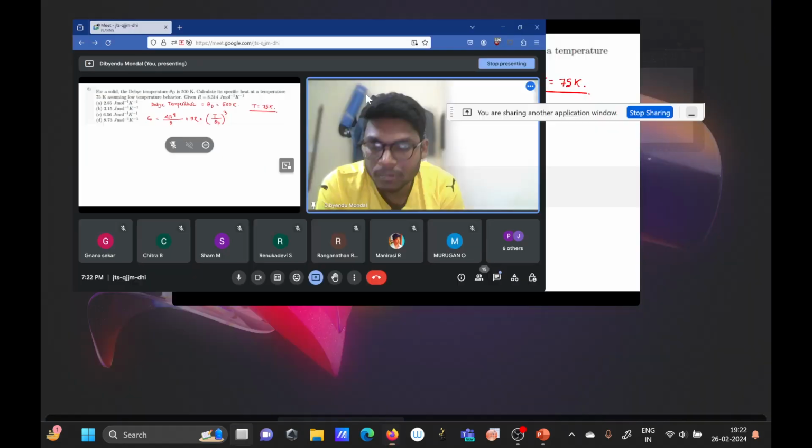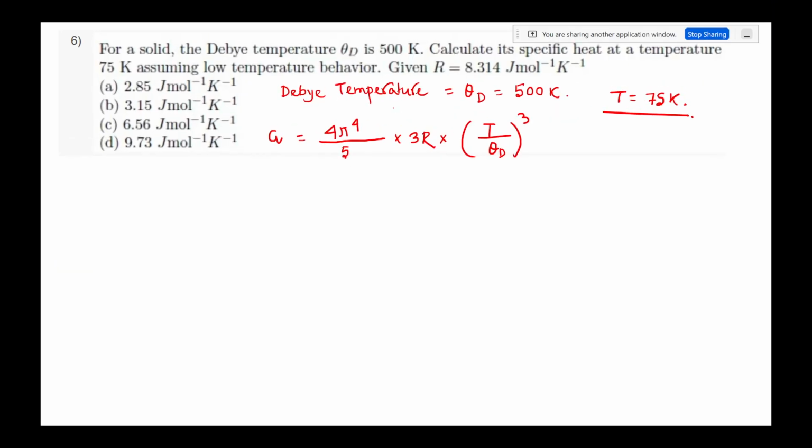Okay. So let's see, is Renuka's option correct or not? Cv is 4 pi to the power 4 divided by 5 times 3 times 8.314 times (75 divided by 500) cubed, in Joule per mole per Kelvin.